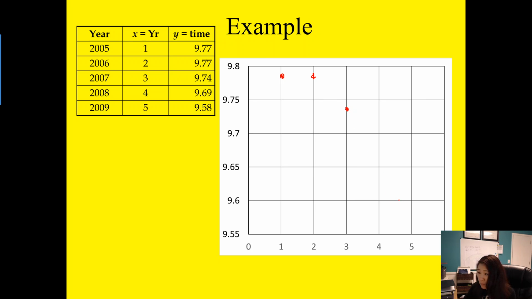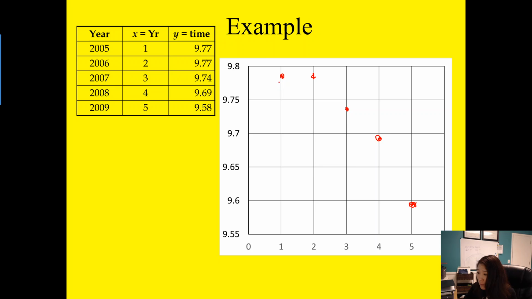Year 4 is 9.69, and year 5 is 9.58. So this is my scatter plot.